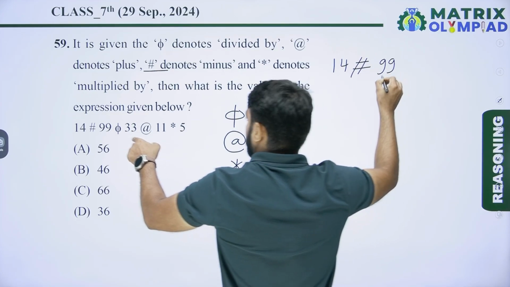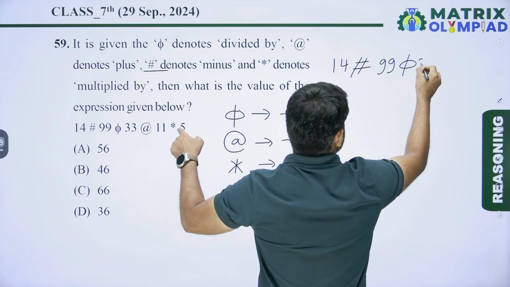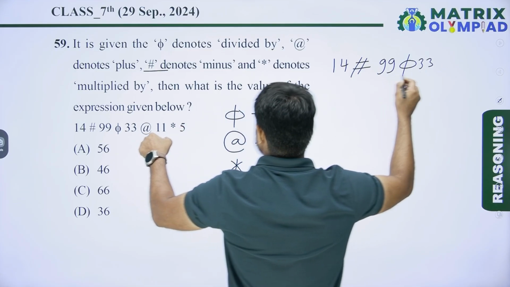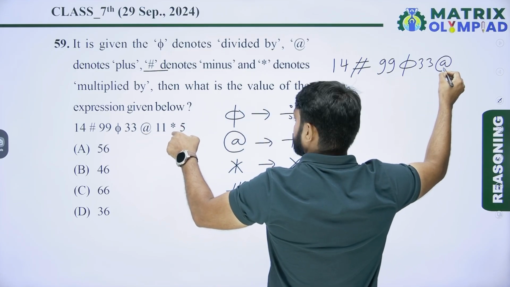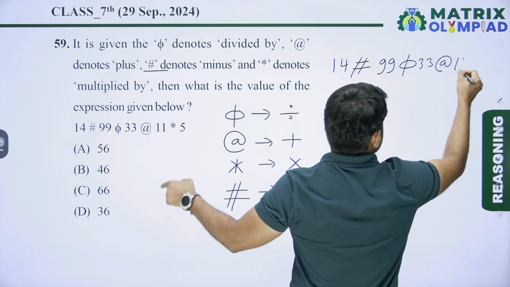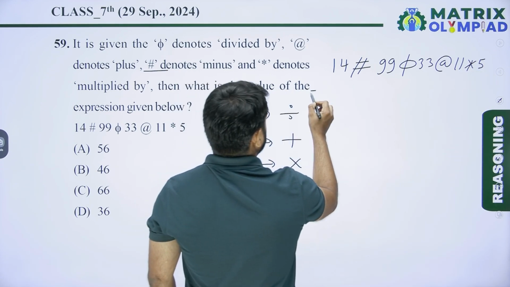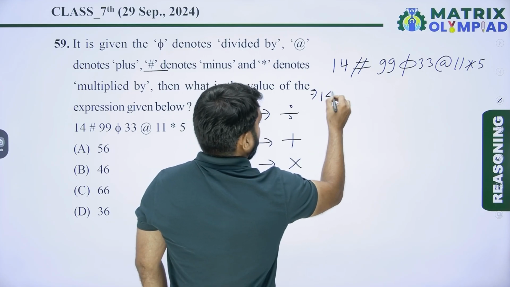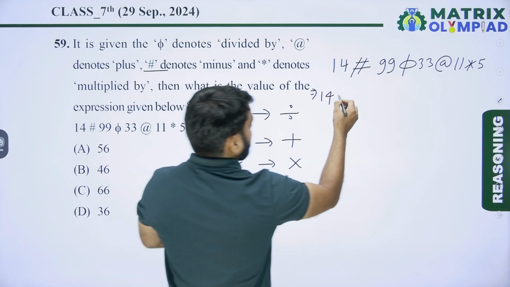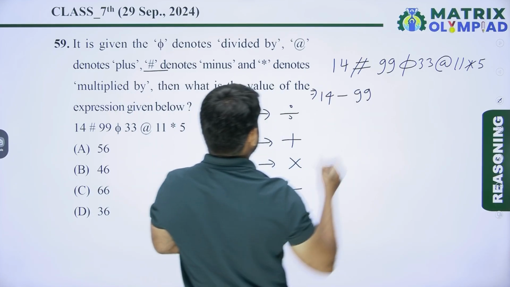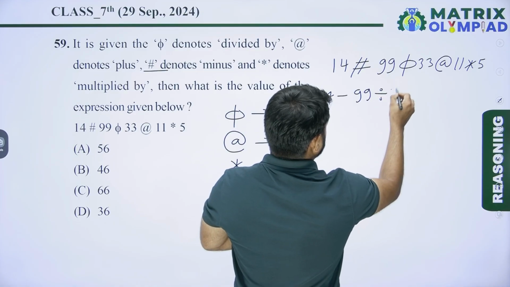99 phi 33. After 33 next is at the rate 11 asterisk 5. So first substitute the symbols. So 14 has means minus, 99, phi means divided by 33.